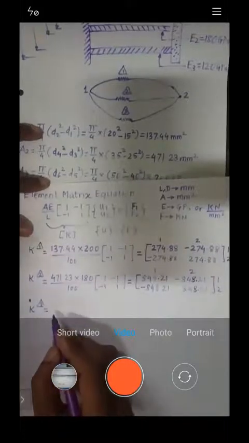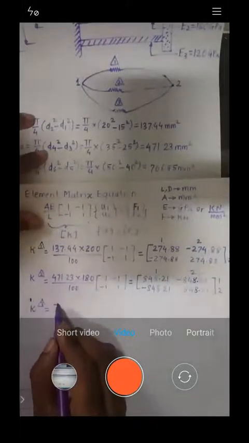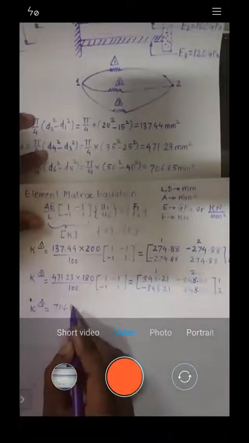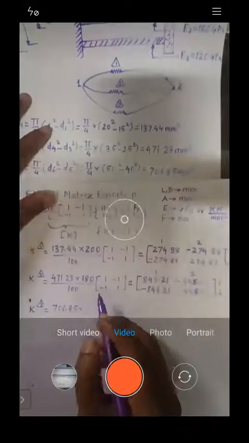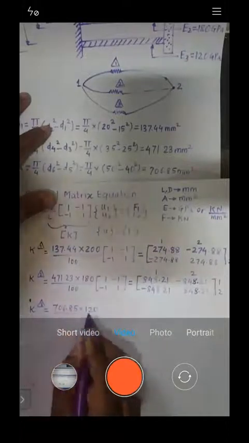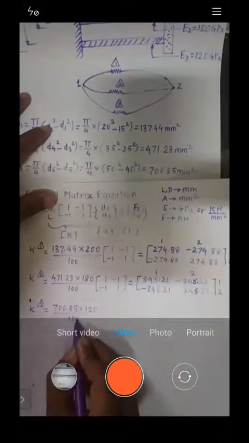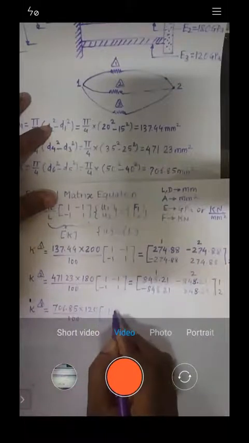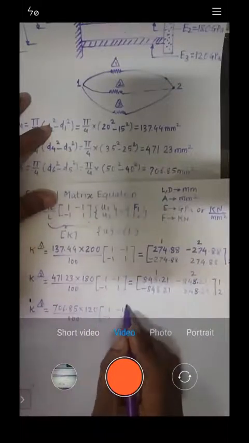Stiffness matrix of element number 3. For that you require the area. What is the area of element number 3? It is 706.85. E of element number 3 is 120, upon the length of element number 3, it is the same 100, into 1 minus 1, minus 1 1.